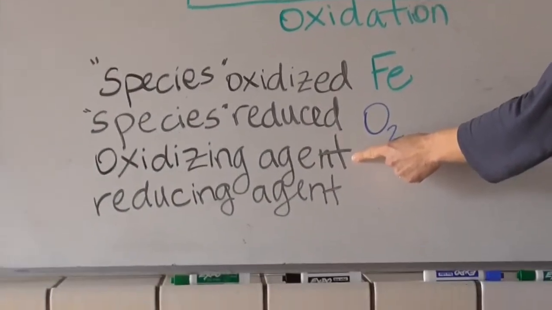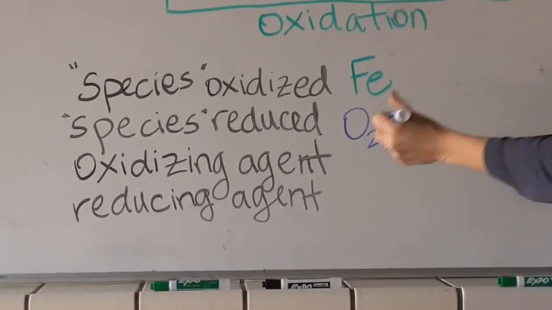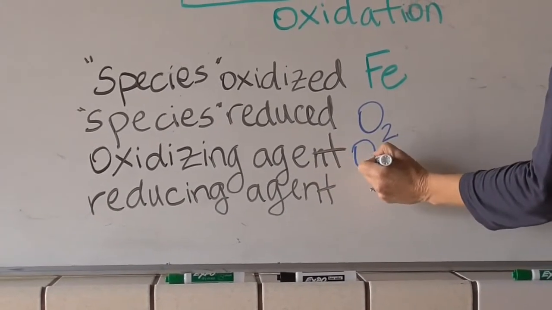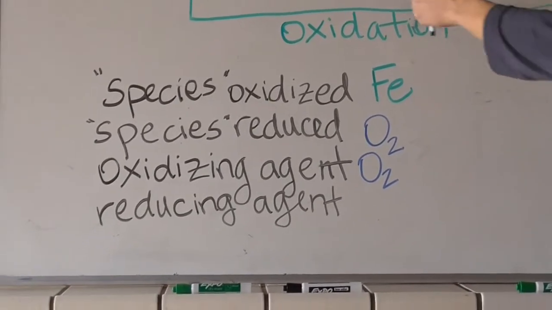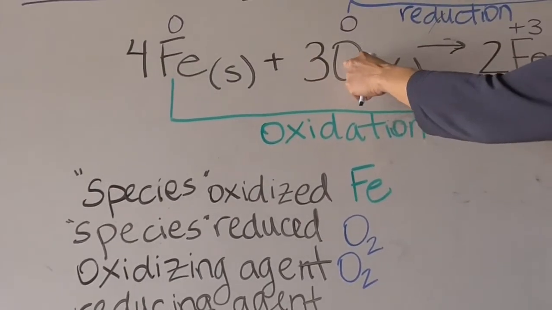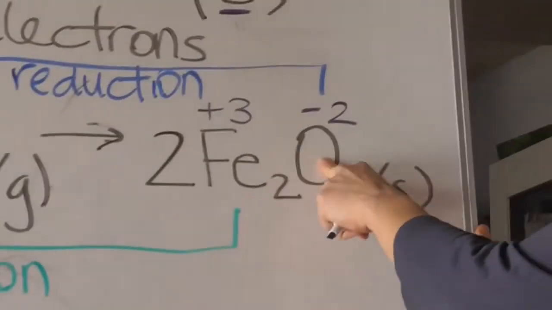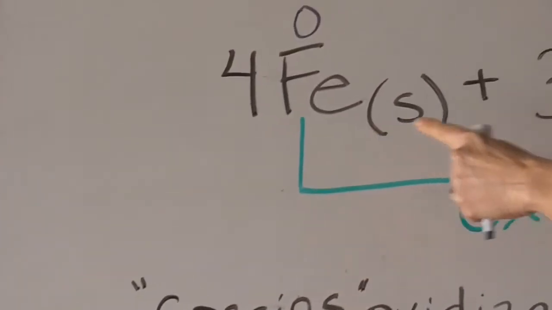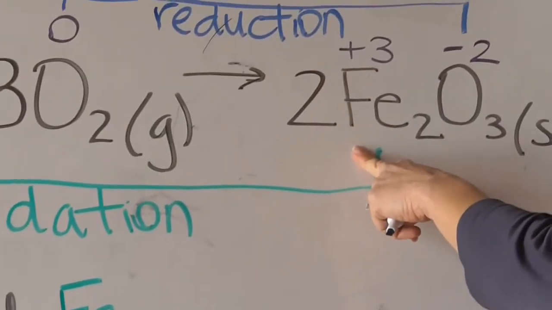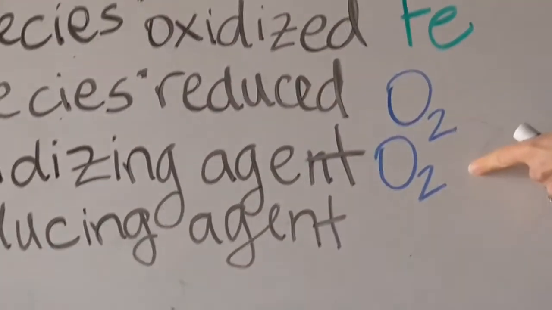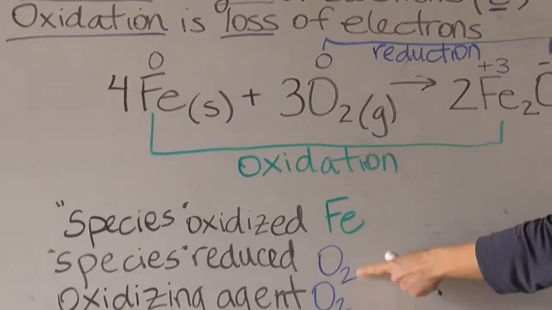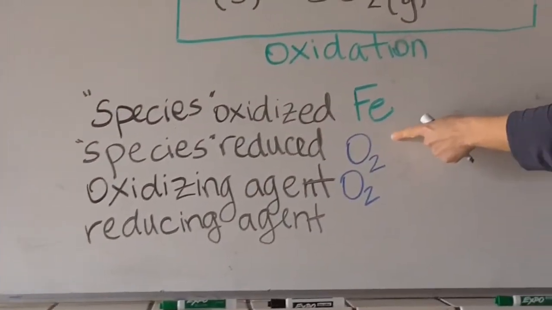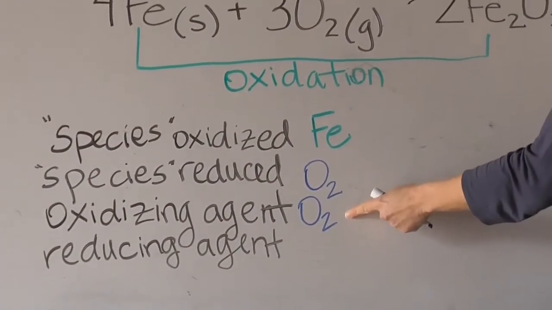So the oxidizing agent is the O2, because the O2 got reduced, which caused the iron to get oxidized. So by O2 getting reduced, it caused that oxidation to occur.